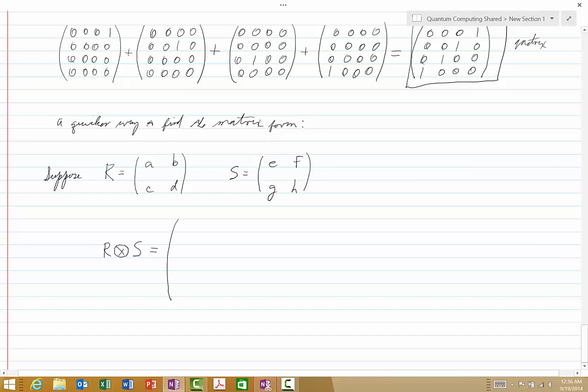It is A, you take the first element of R, so you have A times the matrix E, F, G, H. And likewise here you'll have B times the matrix E, F, G, H. C times the matrix E, F, G, H. And then D times the matrix E, F, G, H.